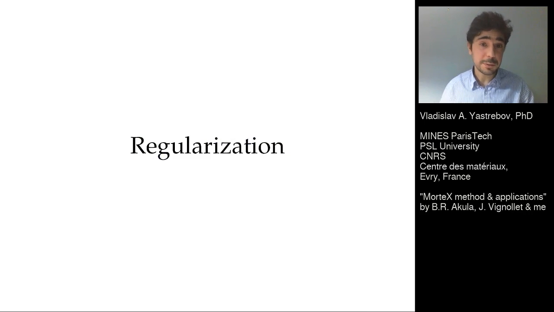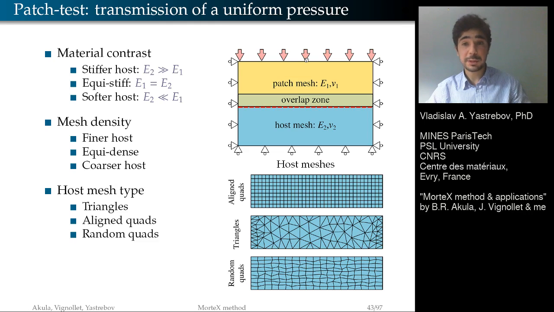However, let's try to study it in a more rigorous way through the patch test. In the first patch test we will overlap two rectangles, like shown here, with some overlap zone, and we will apply uniform pressure on the top, and we expect to recover the same uniform pressure in the interface.